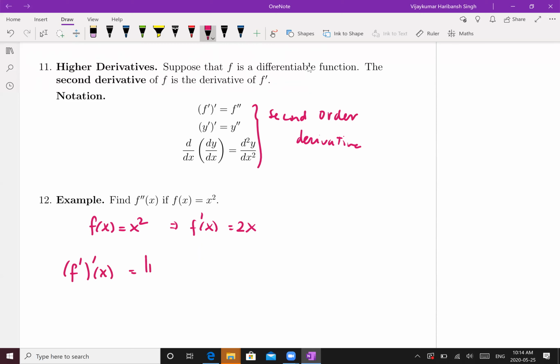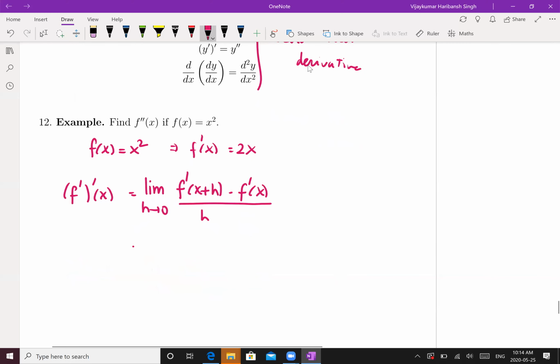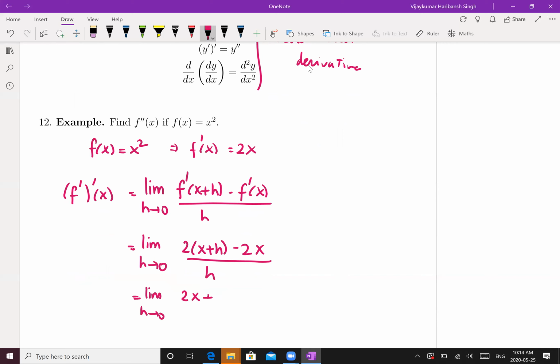That is going to be the limit as h goes to 0 of f prime of x plus h minus f prime of x over h. What is f prime of x plus h? Wherever there is x, you put x plus h. So the limit as h goes to 0 of 2 times x plus h minus 2x over h, which is 2x plus 2h minus 2x over h.